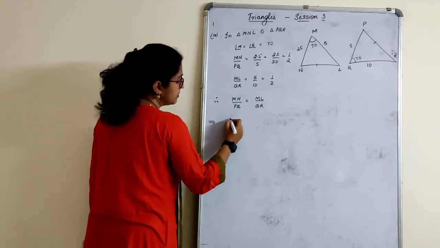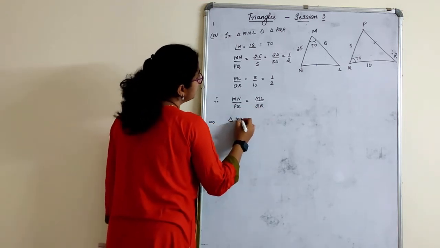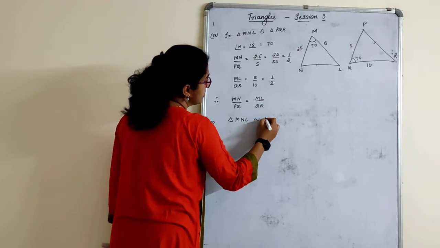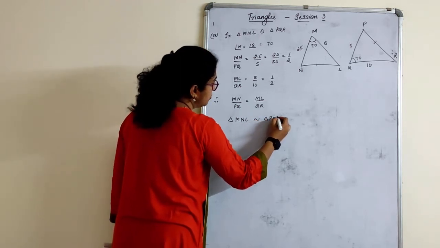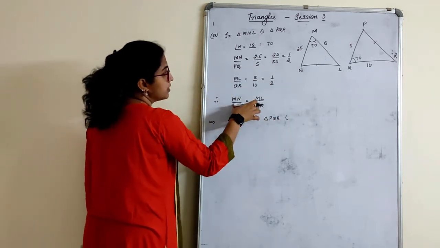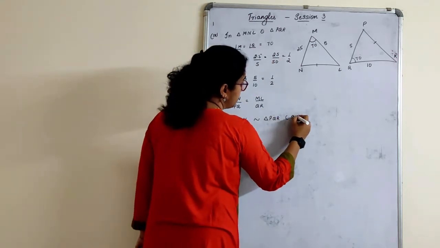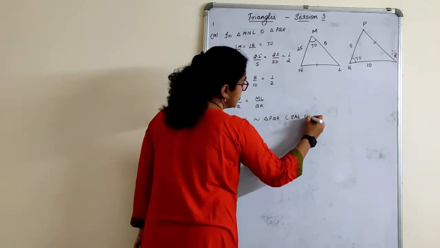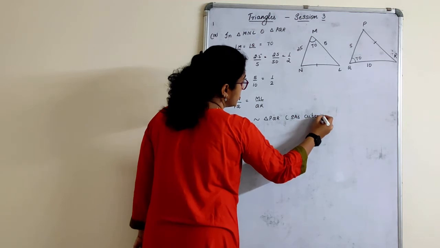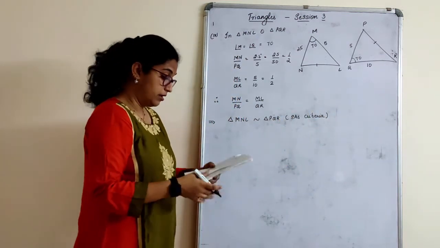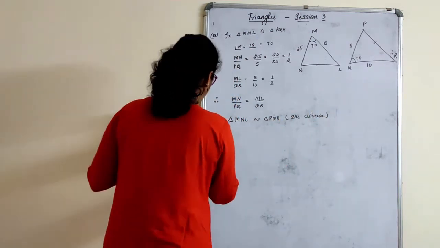This implies triangle MNL is similar to triangle PQR by two sides and included angle, by SAS criteria. Okay. The next one, fifth one.